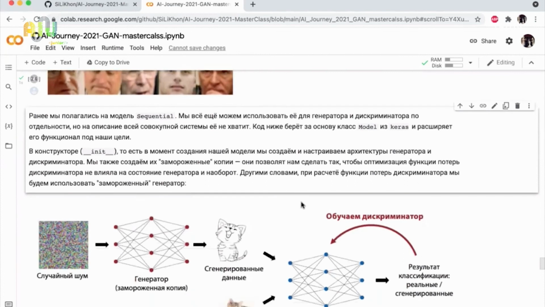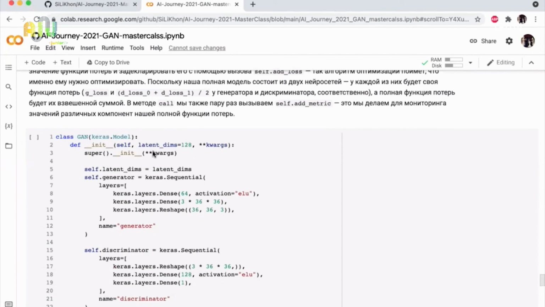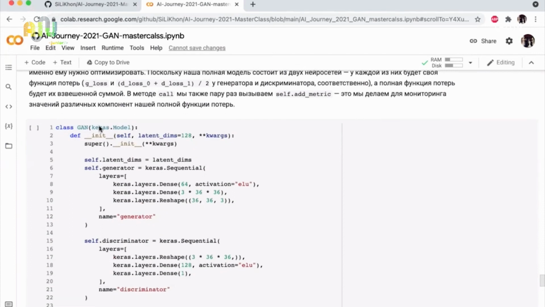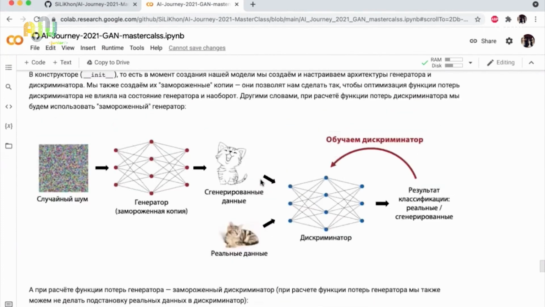They will be described with sequential, both generator and discriminator. But for the whole model, we will need a more specific behavior description. This is why we take the overall class of models in Keras model. We use it and then we clarify its behavior a little bit.